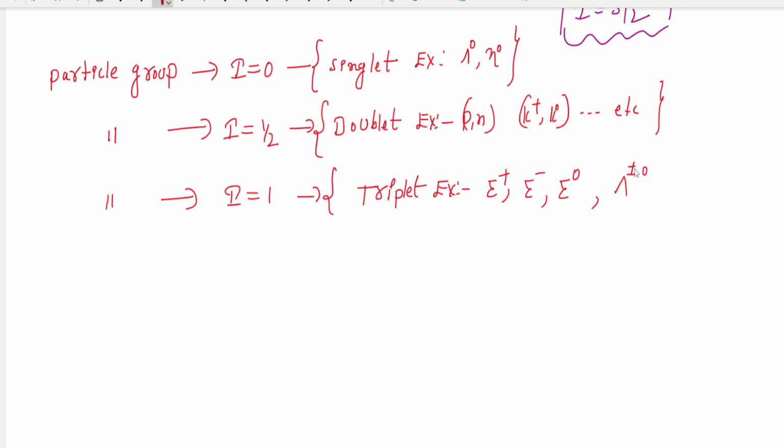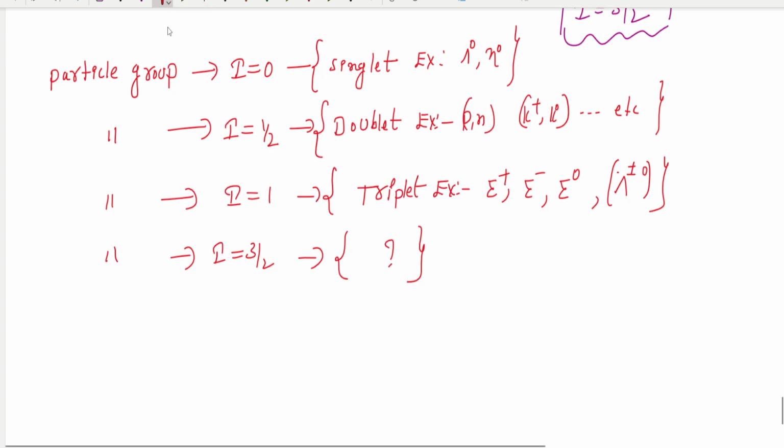Triplet: plus, zero, minus. This is very important, you need to remember. What do we call the group with I equal to 3 by 2? Isospin is the same for all particles in the group. One more note, you remember this one.